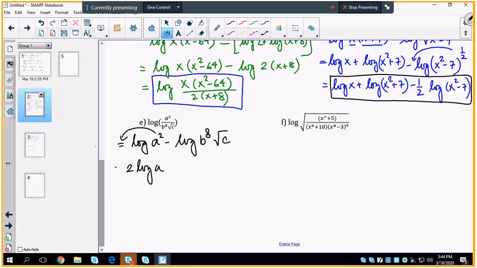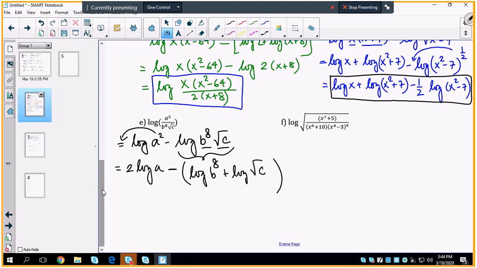Now I have to be a little careful. This is a product rule, so I will get out of this 1 log 2 terms. Because there is a minus in front, these new 2 terms, I will put them inside parentheses. So I will write it as log of b to the power 8 plus log of square root of c. It's the first one plus the log of the second one.